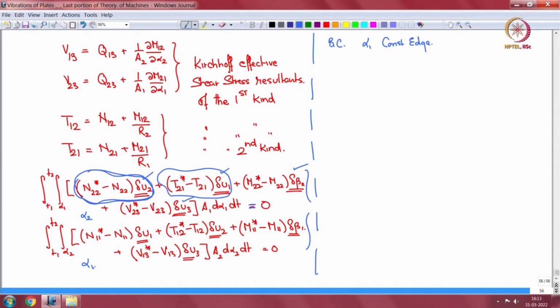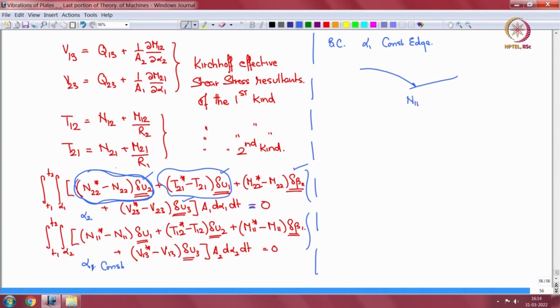So at an alpha 1 constant edge, we have N11.